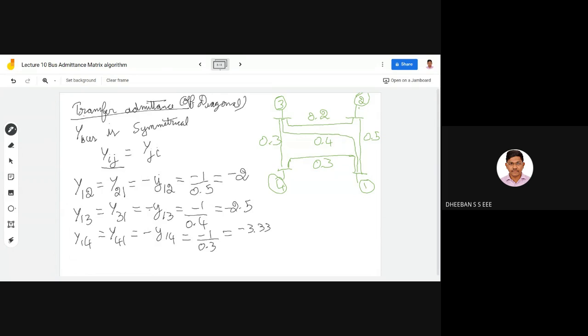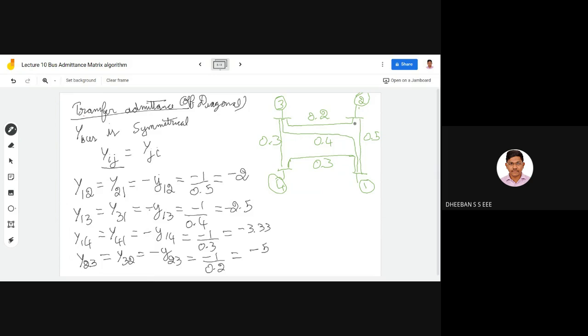After this, y23 will be the same as y32. So minus y23 will be equal to minus 1 by 0.2, so we'll be getting the value around minus 5. After this you have to find your y24. y24 is not there.